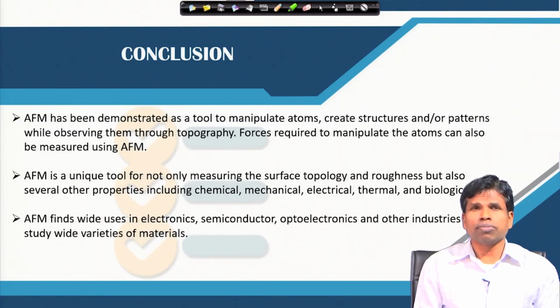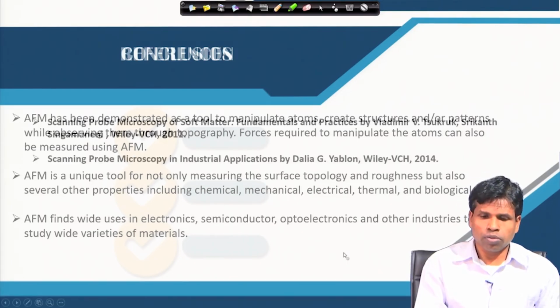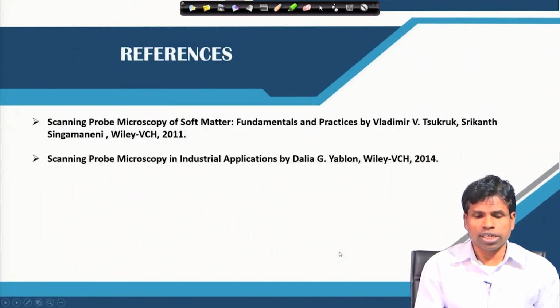It has been extensively used in electronics, semiconductor or recording industries, magnetic material study, and for a wide variety of materials. For more details about their property measurements and industrial applications, you can have these references. Thank you.